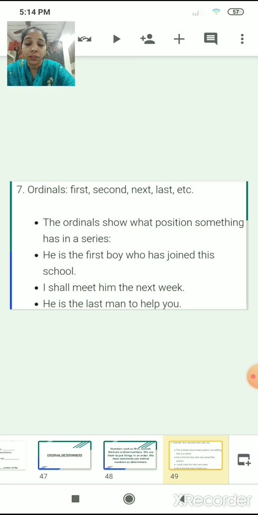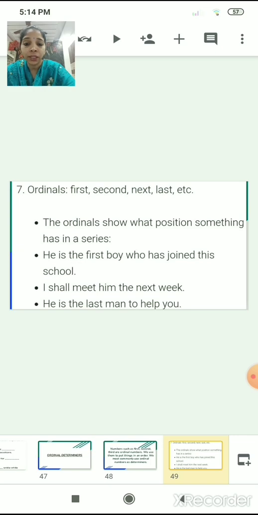You might have noticed over here, students, that we also use another determiner, the article, which we place before the ordinal determiner. Like in both the examples, we have used the. Similarly, in the next example, he is the last man to help you.